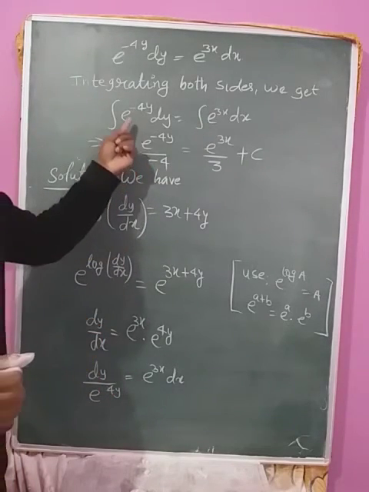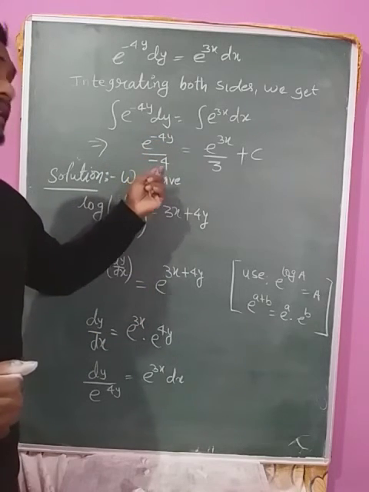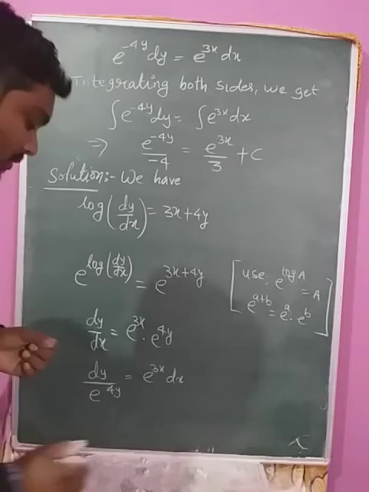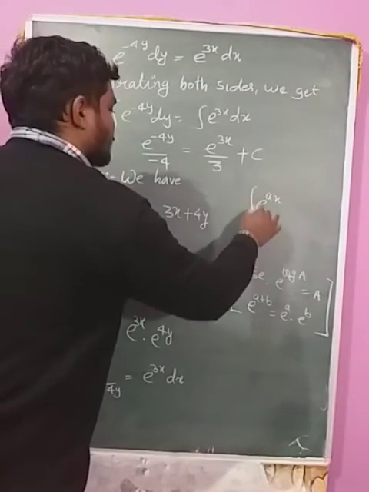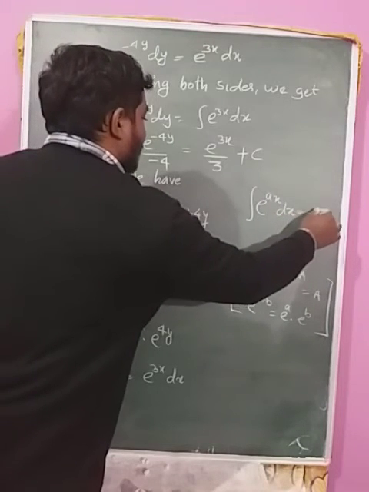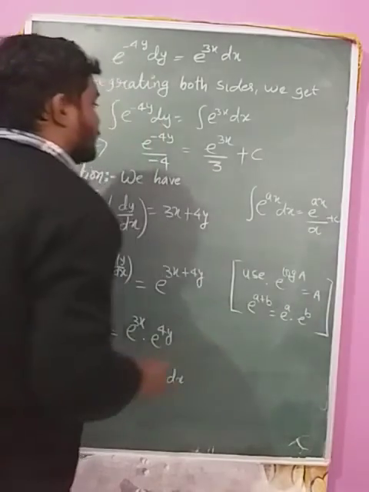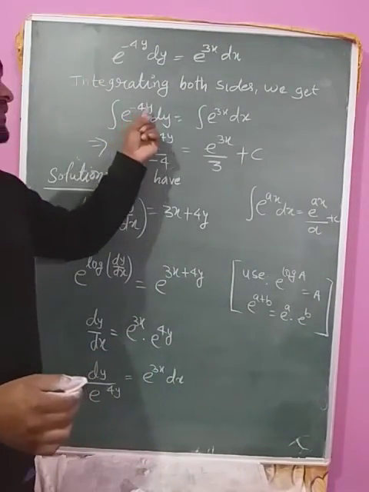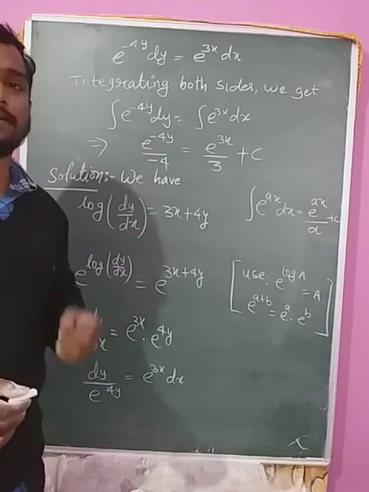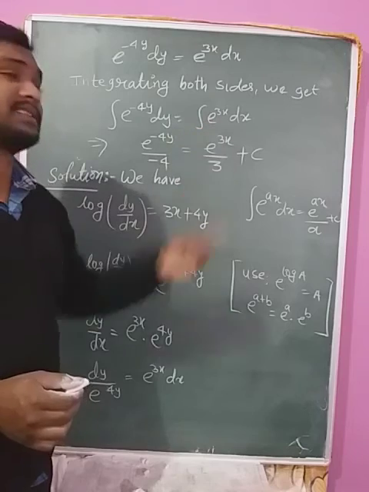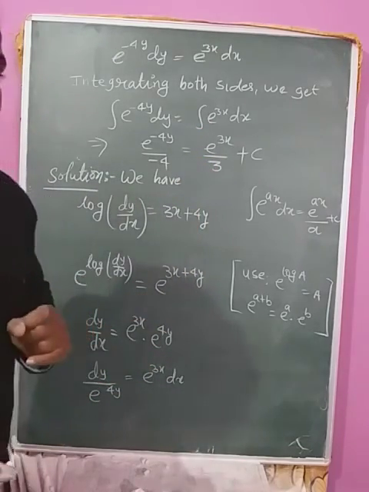Since integration of e to power ax dx is e to power ax by a plus c, integration of e to power minus 4y is e to power minus 4y by minus 4. Similarly, e to power 3x integration is e to power 3x by 3 plus c.